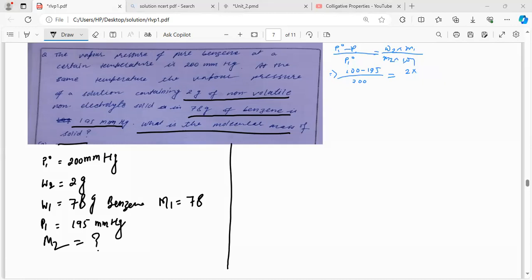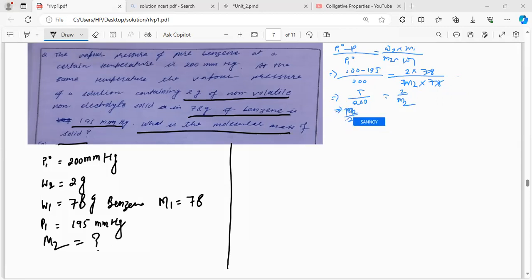W2 is 2 gram. Then the molar mass of benzene, M1. M2 they are asking. W1 they have given as 78 grams only, so they are divisible. Then 2 by M2. M2 is capital M, not small m.